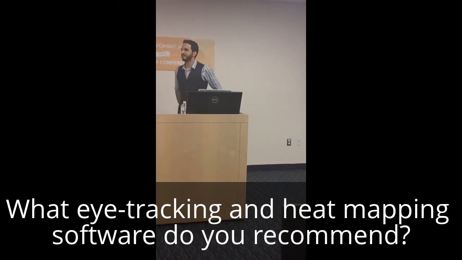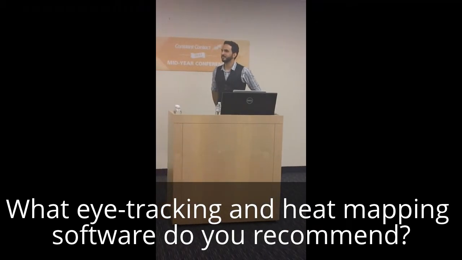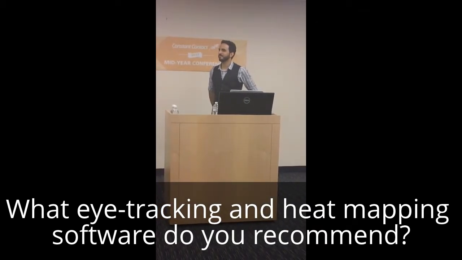Okay. So you gave some good examples for prototyping. I was wondering if you had any examples or suggestions, any recommended software for eye tracking or heat mapping? I think eye tracking is something where you're going to end up needing equipment and going into a formal lab.